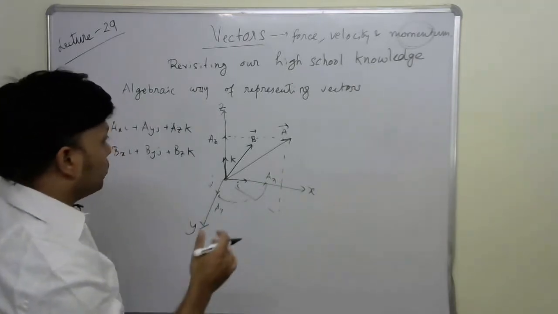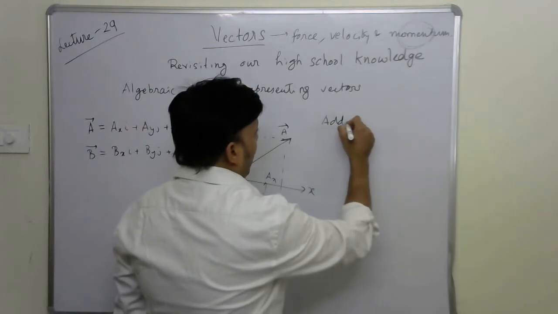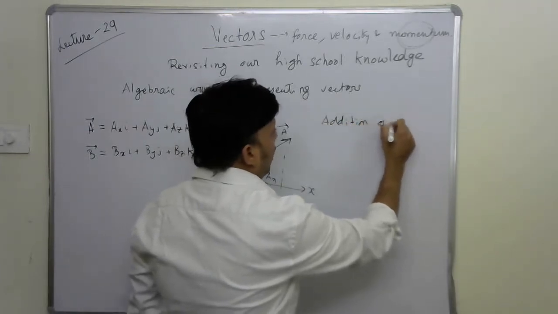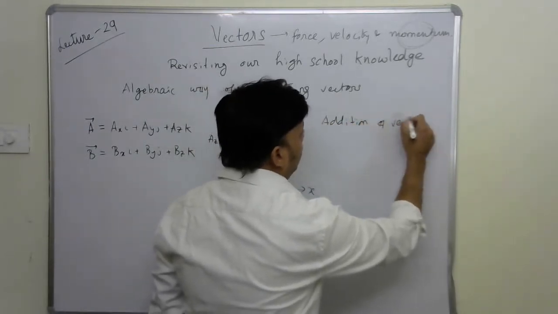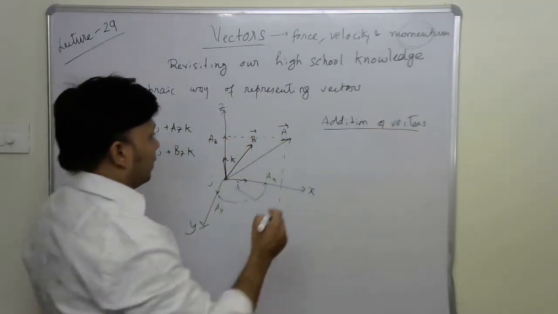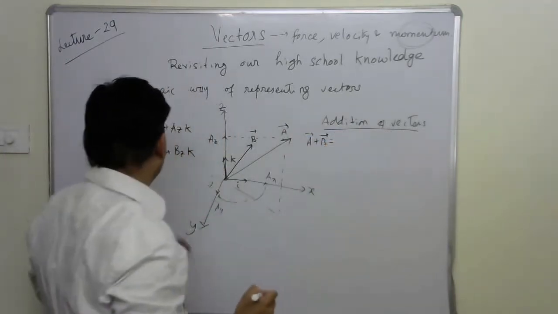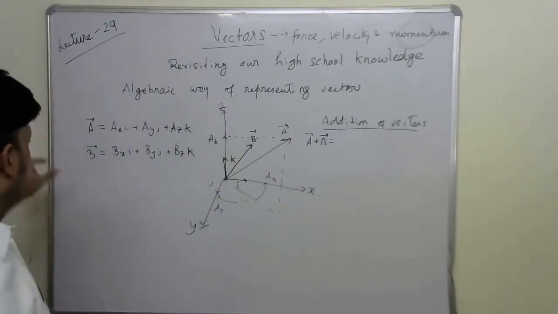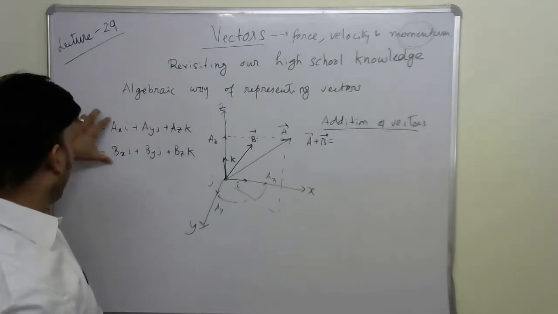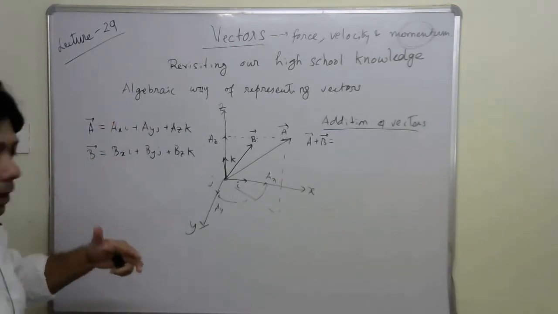To come to that, let's quickly recollect the addition of vectors. How did we used to add vectors? How did we learn that? So the addition of vectors, that is A plus B. If we add those two, what we have to do is add up the components or the magnitudes along the x direction.